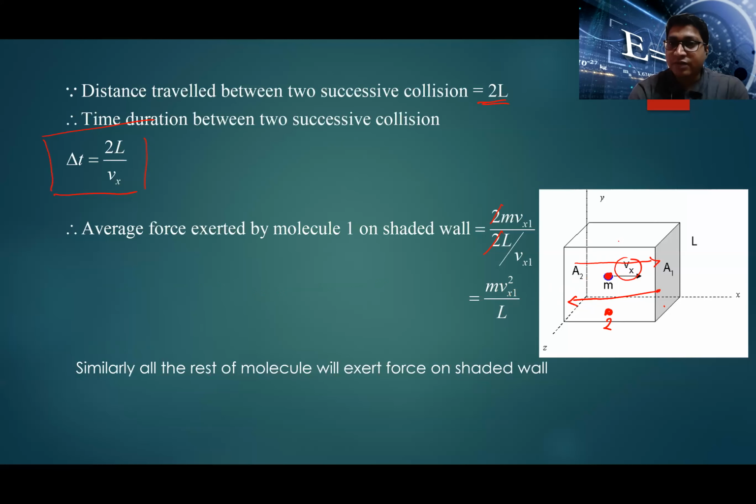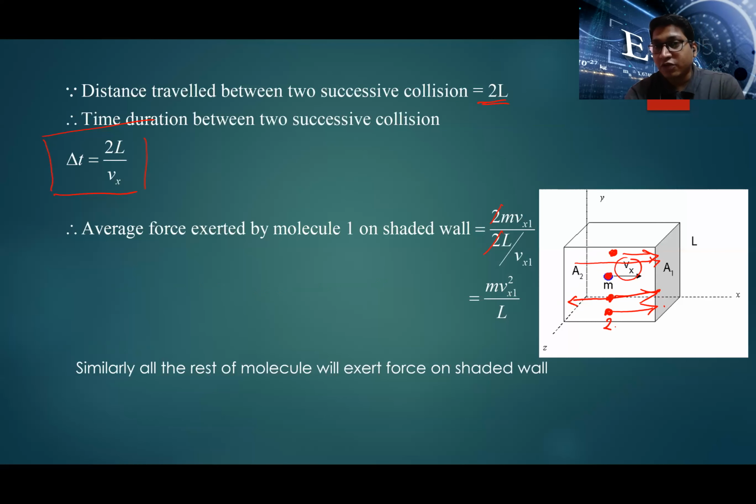In that way, all the n molecules apply force on this wall. So now we will find the average force because of all the molecules. To find it, we have to add up all the forces, because the total force is applied by all the molecules moving in the same direction at the same time.